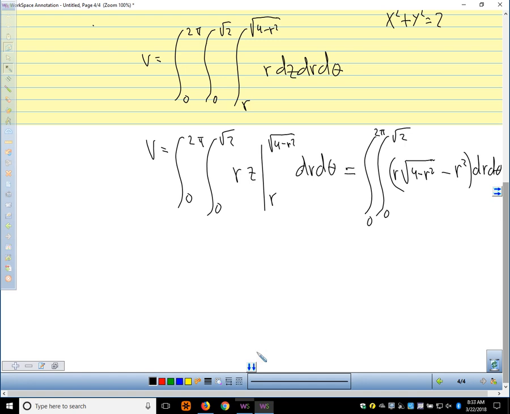What does the theta integral do? It just multiplies, gives us a multiple of 2 pi. So we just have this nice r integral to evaluate. When we evaluate that, we get 8 pi over 3 times 2 minus square root of 2. So the volume of the ice cream in that ice cream cone is 8 pi over 3, 2 minus square root of 2 cubic feet.